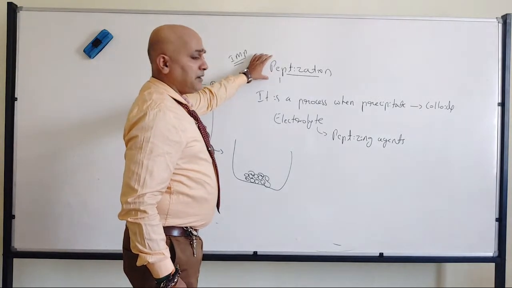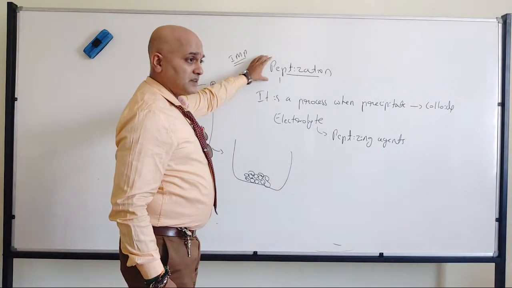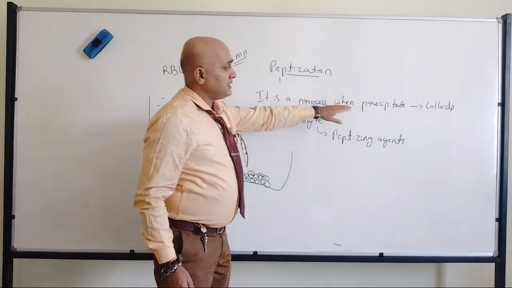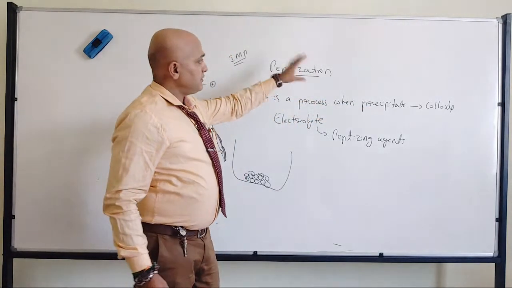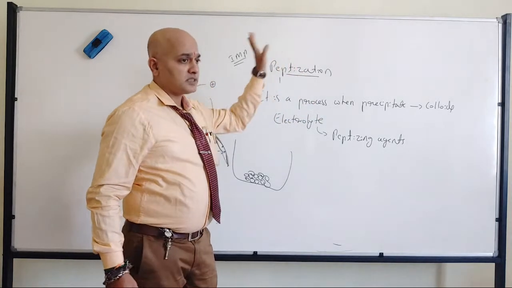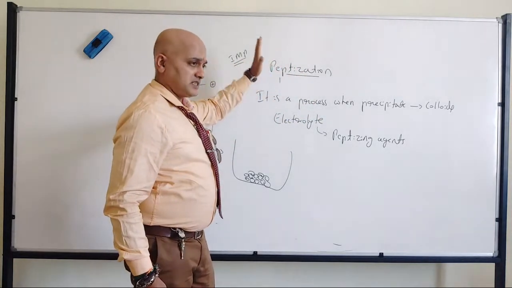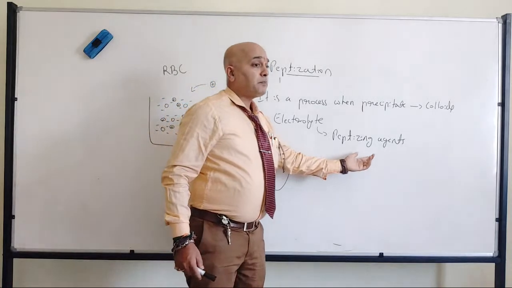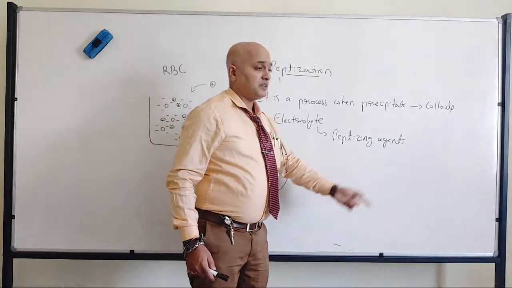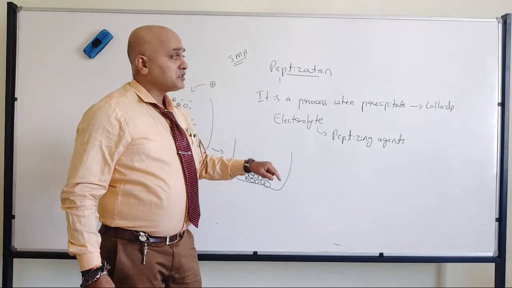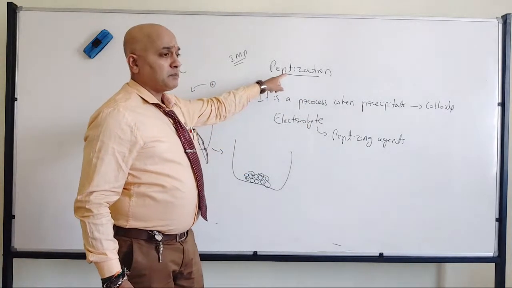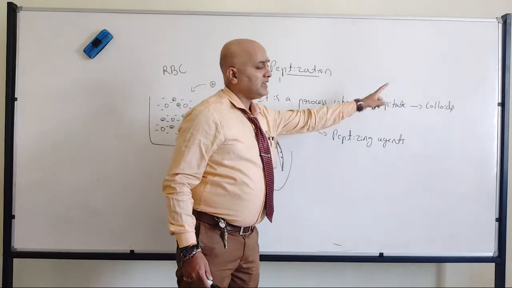Then you should tell that peptization is a process where a precipitate will be converted into colloids. That is the definition for peptization. It is a process, not a molecule. What are peptizing agents? Then you should tell that these are the molecules which are used during the peptization process to convert a precipitate into a colloid.